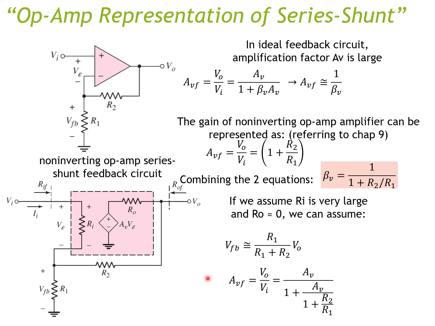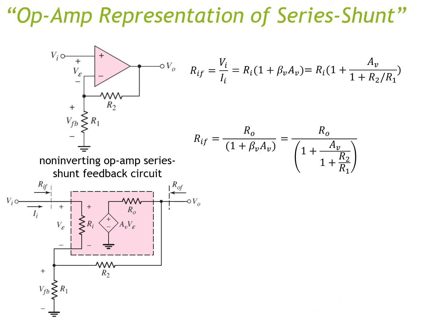Therefore, we can calculate the overall closed loop gain to be AV over 1 plus AV over 1 plus R2 over R1. I just plug in that beta there.